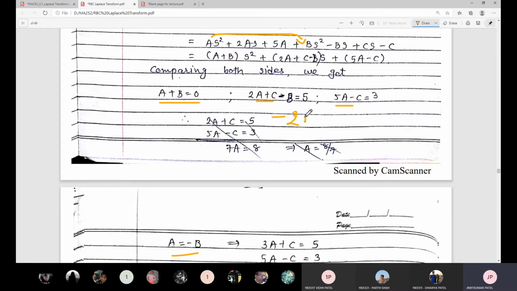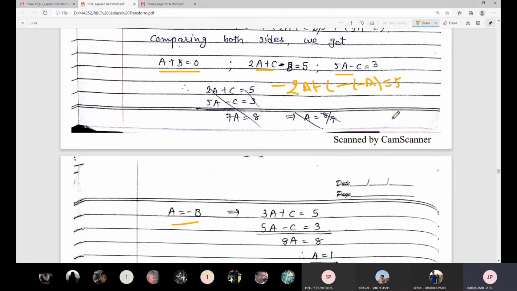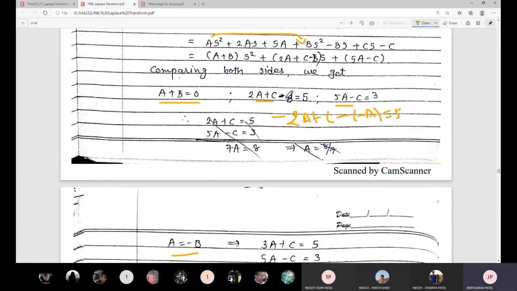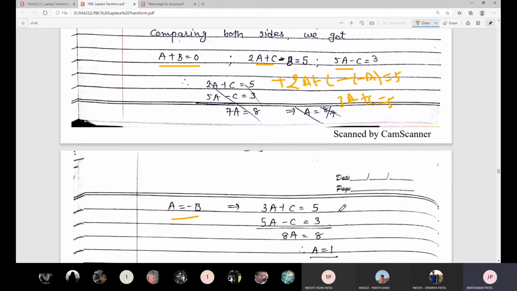So we get 2A plus C minus B is equal to 5, with minus B becoming plus A, so 2A plus A, that is 3A plus C equal to 5, and from the third equation 5A minus C equal to 3.